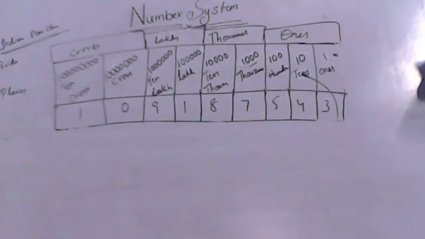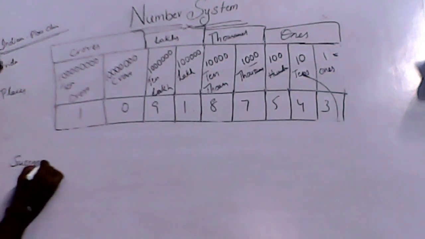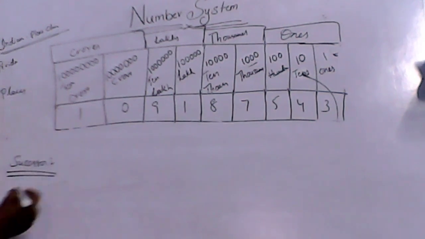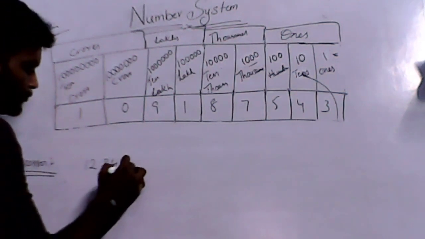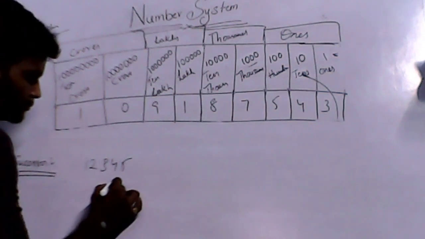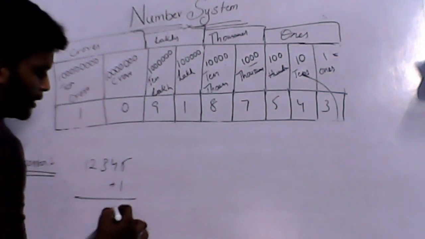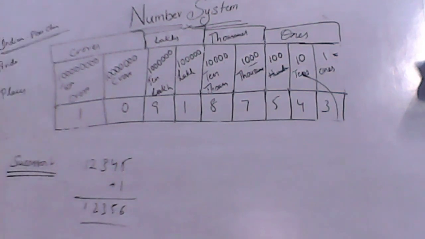Next, successor and predecessor. Successor of any number, for example, we have 1, 2, 3, 4, 5. To find the successor for this number, we will add 1 to this number, and whatever we have obtained, that is the successor for this number.